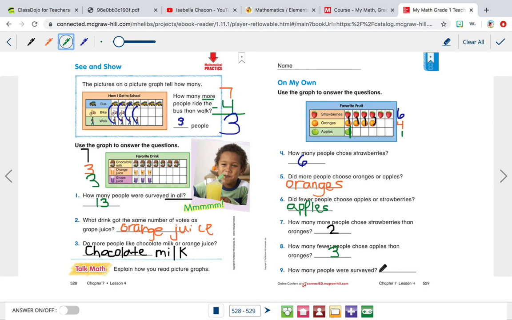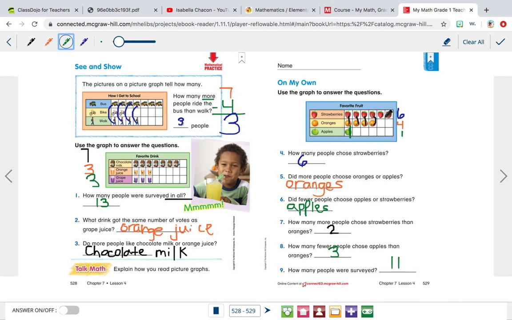How many people were surveyed? So we have 6 strawberries, 4 oranges, and 1 apple. What we're going to do is count all of them. So 1, 2, 3, 4, 5, 6, 7, 8, 9, 10, 11. Because there are 11 pieces of fruit, that means 11 people were surveyed.